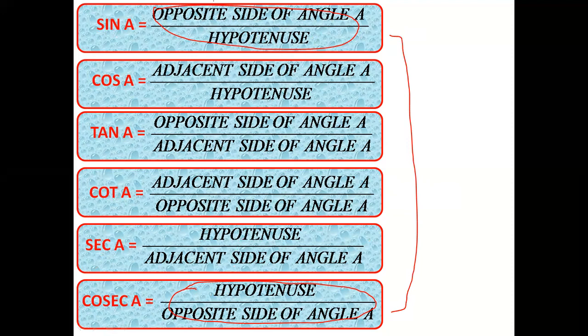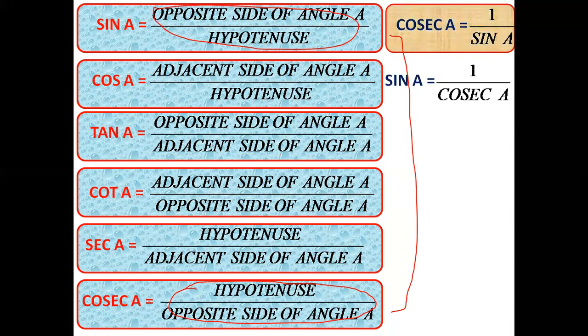So we can make a link between sine A and cosec A. Sine A and cosec A are reciprocal to each other. So cosec A is equal to 1 by sine A, and sine A is equal to 1 by cosec A. These two also you have to remember as formulas.